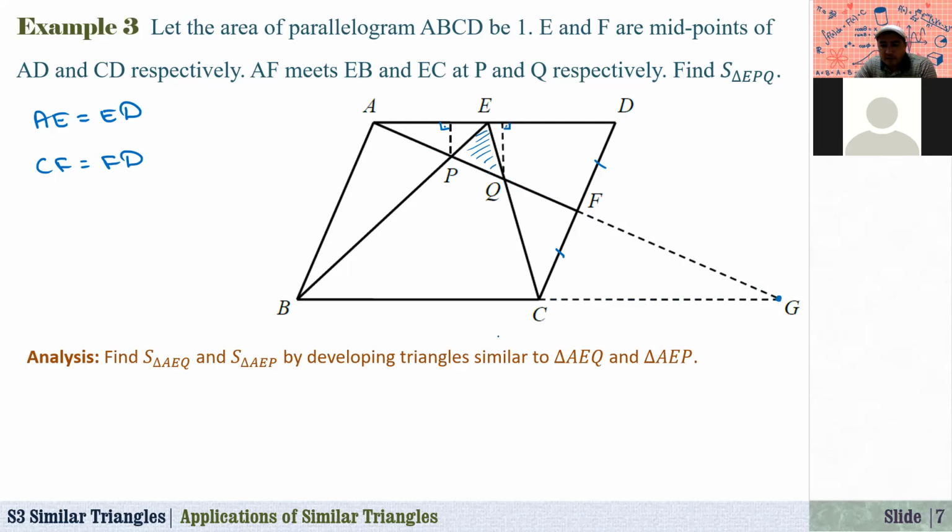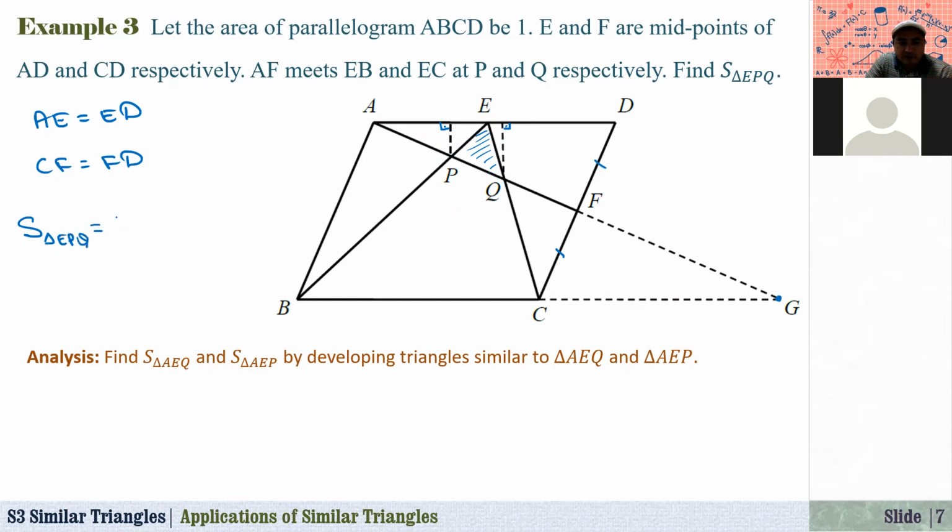Now, we need to find the area of triangle AEQ and also triangle AEP. If you know their areas, then their difference gives us the area of triangle EPQ, because the area of AEQ minus the area of AEP gives the area of triangle EPQ.